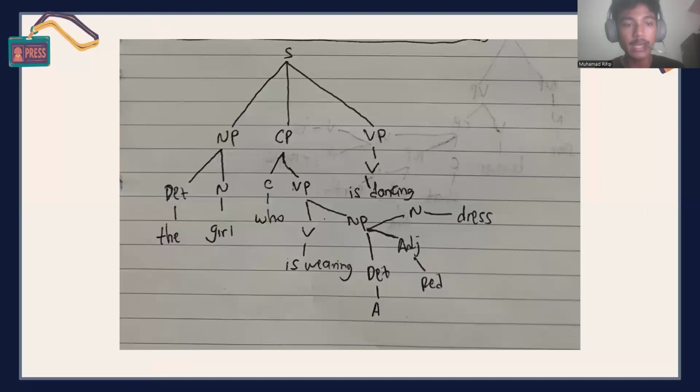Oke, CP ini alias adjective clause, dan ada clause-nya itu ada who, dan verb phrase itu dibagi dua lagi, yaitu ada verb dan noun phrase. Dan verb itu yaitu is wearing. Noun phrase lalu dibagi tiga lagi, yaitu ada determiner yaitu a, adjective itu adanya red, dan noun itu ada dress. Dan verb phrase yaitu is dancing.